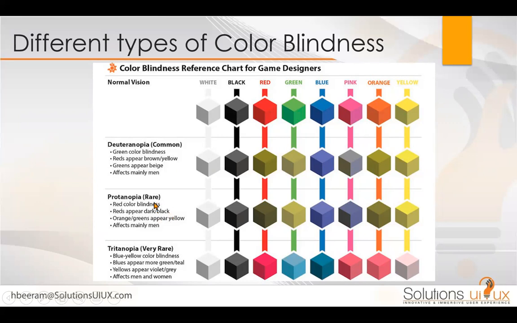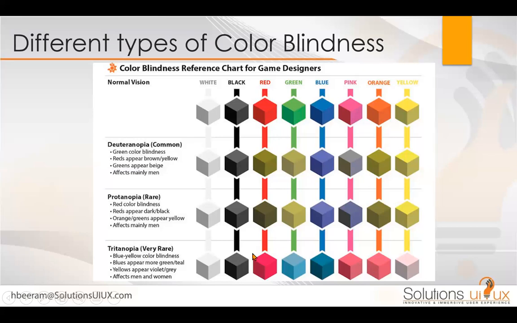Then the rare one has even fewer colors than this, right? It feels like almost similar colors, but a little bit different. And this color is becoming different. And then the third one is even more rare, but still it exists. The red becomes pink, right? They can still see the pink.